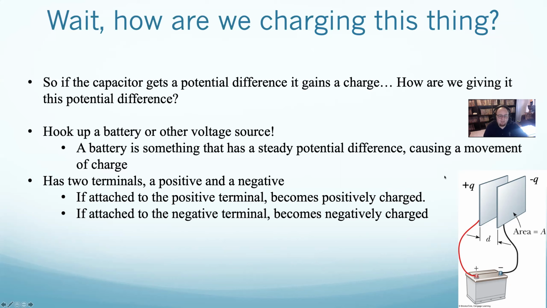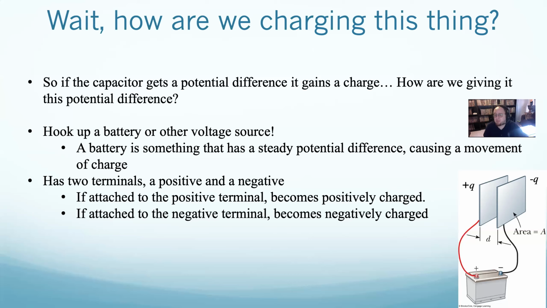Whatever plate is attached to the positive terminal will become positively charged. Whatever plate is attached to the negative terminal will become negatively charged. This is just charging by conduction, like we talked about last chapter. And so you can take a parallel plate capacitor and add charge to each plate. Once you add charge to each plate, they will have an electric potential difference, aka a voltage.